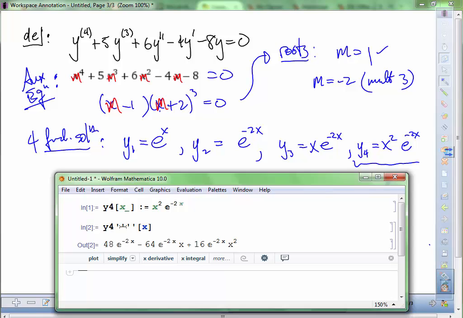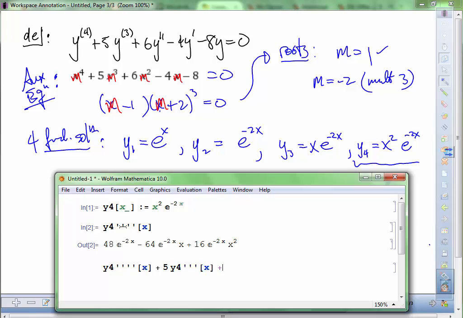So I basically want to check that. I want to check y four derivatives of x plus 5 times y 3 derivatives of x plus 6 times y 2 derivatives of x minus 4 times y prime minus 8 times y of x.